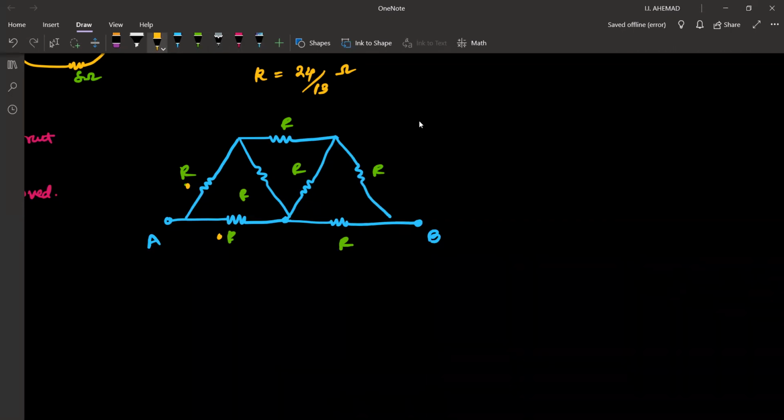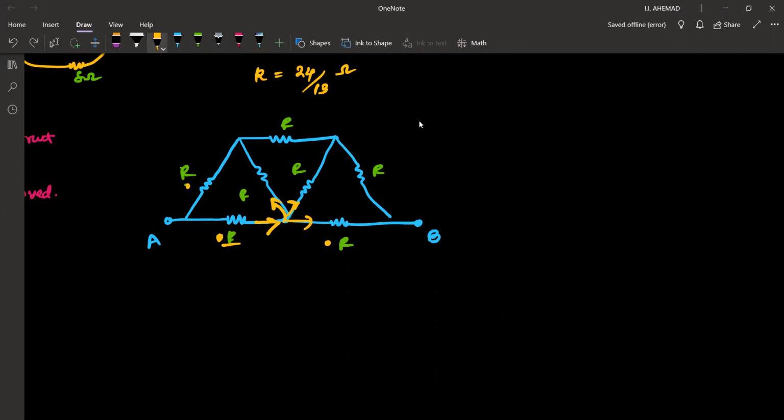How about these two resistors? This resistor and this resistor. Are they in series? They are not, because the current flowing through this might divide into each branch. Therefore, the current through this and current through this is not the same, right?